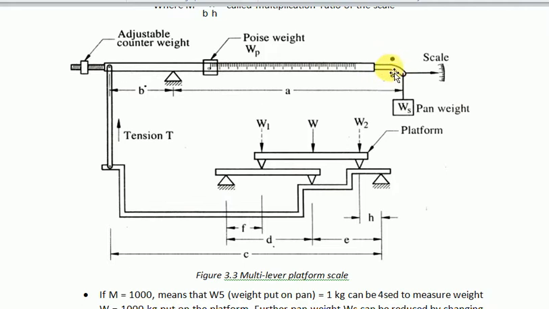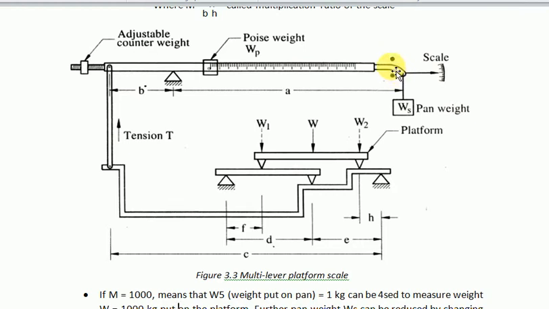When this pointer remains at the center, we will come to know the value of whatever mass is placed over here. You have to move this lever, or this poise weight, as it is termed, on the right hand side in order to balance it and bring this pointer between these two nodes.